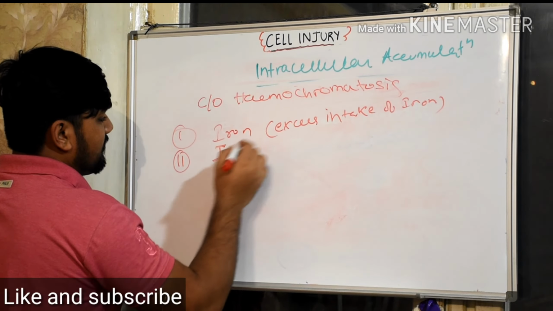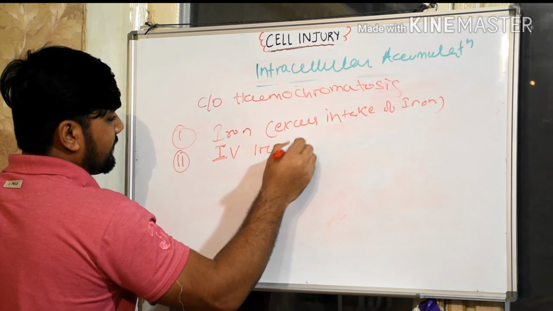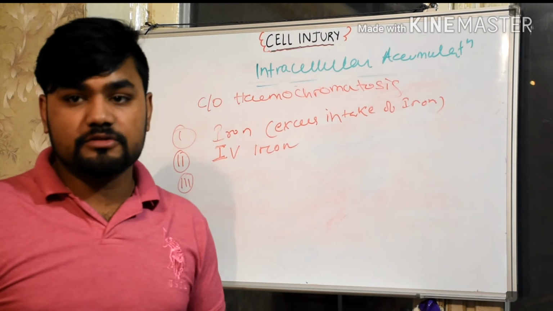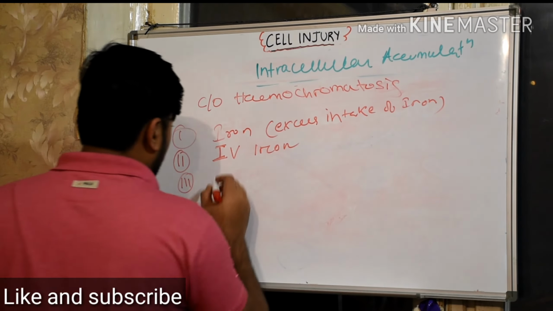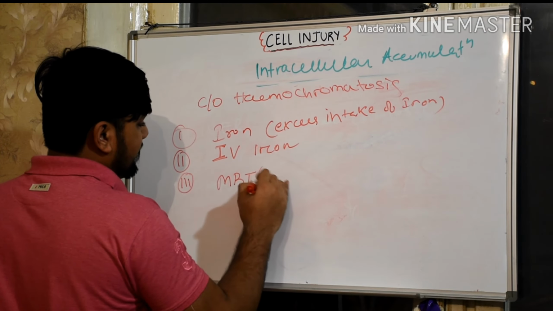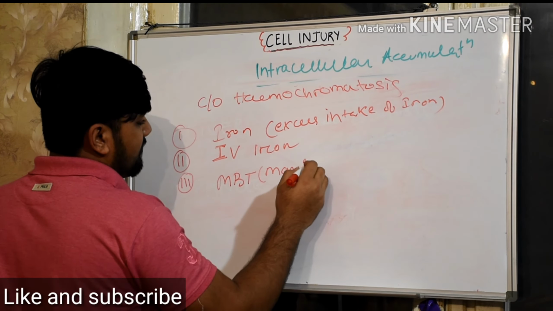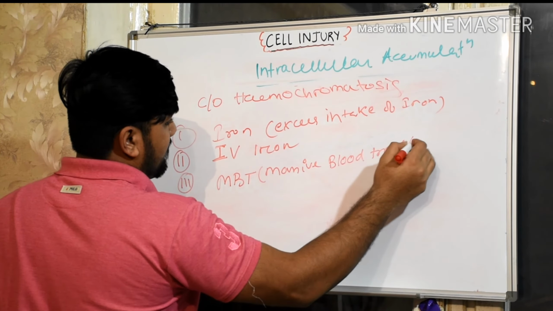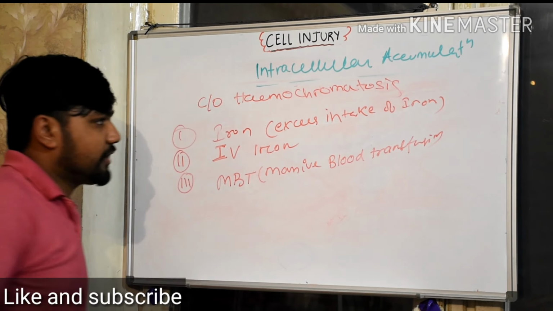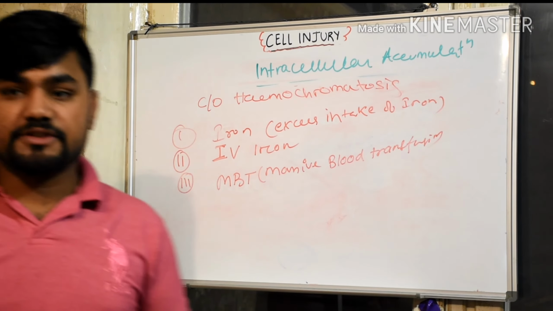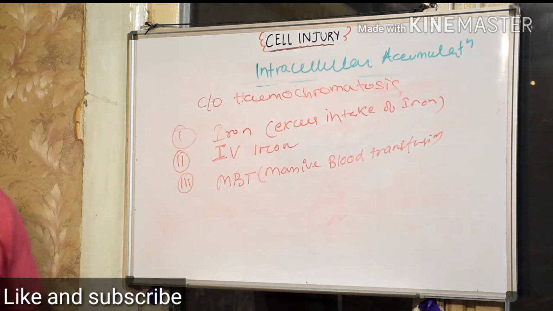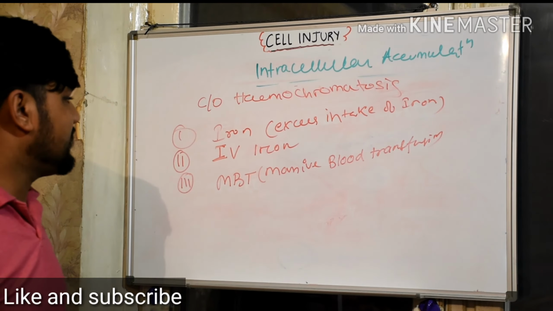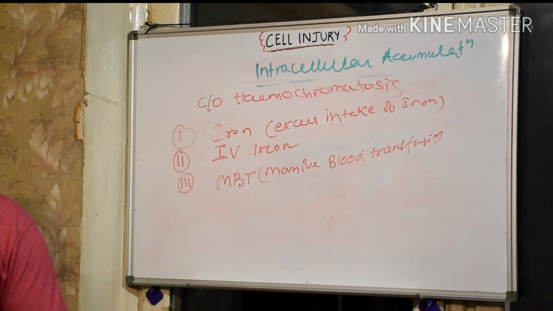Second, IV iron. Someone is taking iron by the IV route, then also. Third one is MBT, that is massive blood transfusion. So the causes of hemochromatosis: first is excess iron pills, second is IV iron, that is intravenous iron, and third is massive blood transfusion.